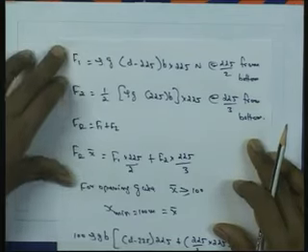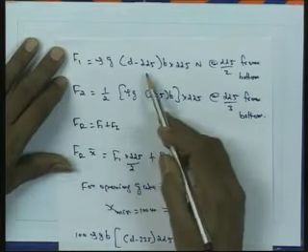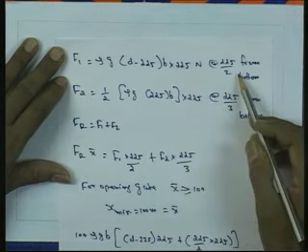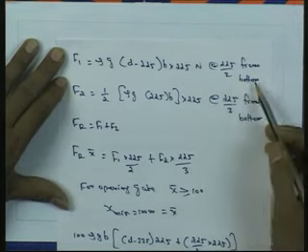So, we can solve this problem by calculating the force F1. F1 is equal to rho into g into (D minus 225) into B into 225 Newton, acting at 225 by 2 from the bottom.